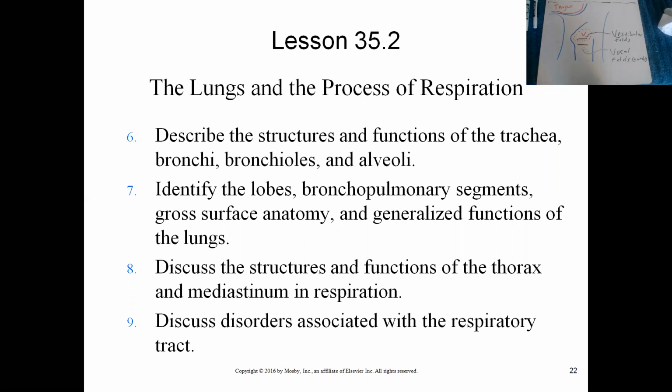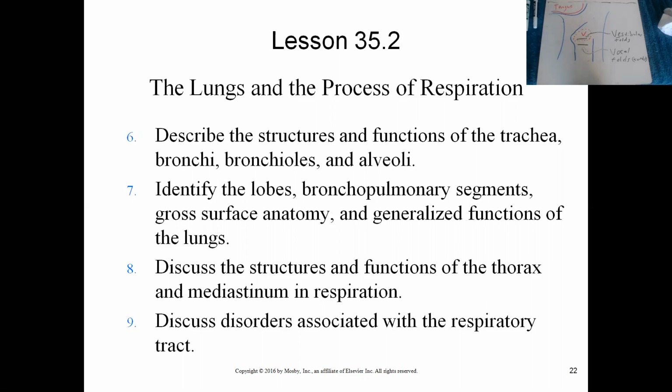Now, everything up to this point, from external nares to larynx, that is the upper respiratory tract. The remaining structures that we're going to look at are part of the lower respiratory tract, the structures inside the thorax.